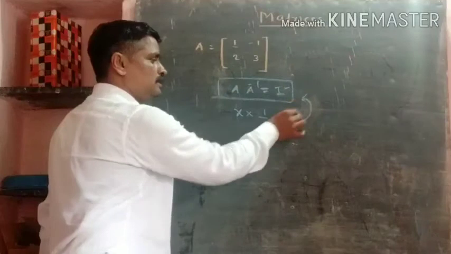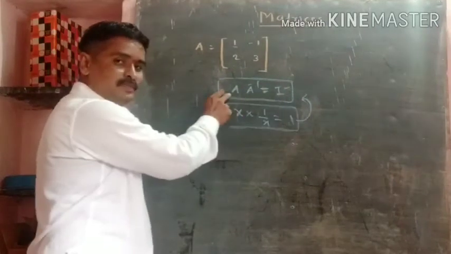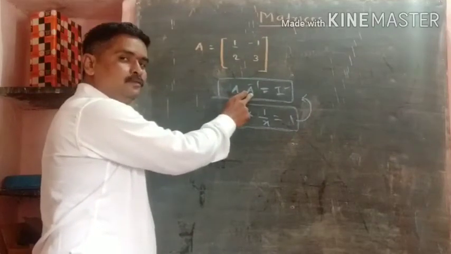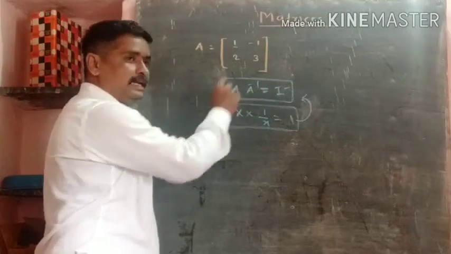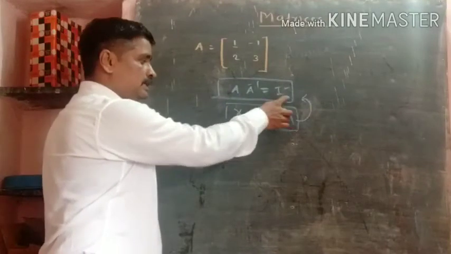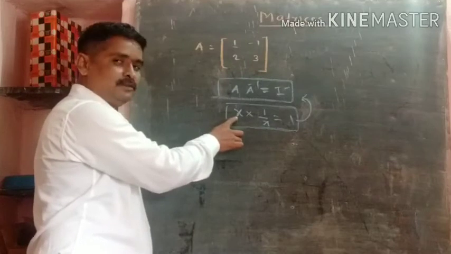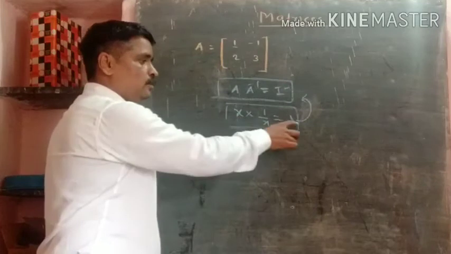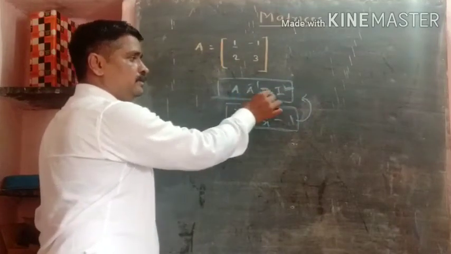Similar to this, in the case of a matrix, A is the given matrix, A inverse is what we have to find, and I is the identity matrix. So x into 1 by x has value 1, and in a matrix, A into A inverse equals I.